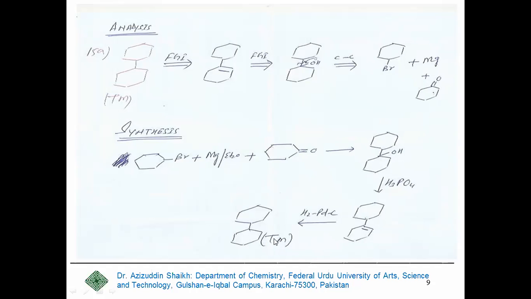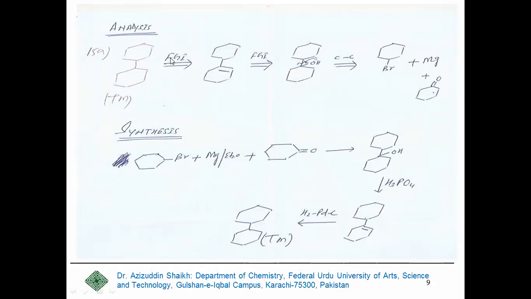So these are a number of examples in which you can disconnect the carbonyl compound as well as the hydroxyl group and double bond. In this compound there is no functional group. What is the possibility to disconnect? You can introduce the functional group here by FGI, a double bond, which can easily be reduced into a single covalent bond.